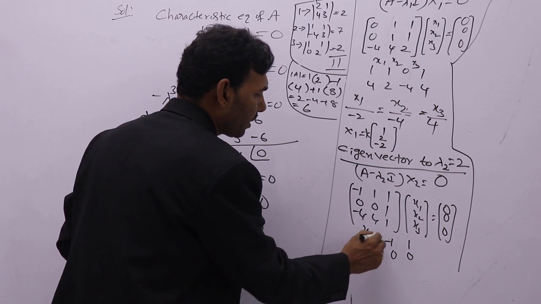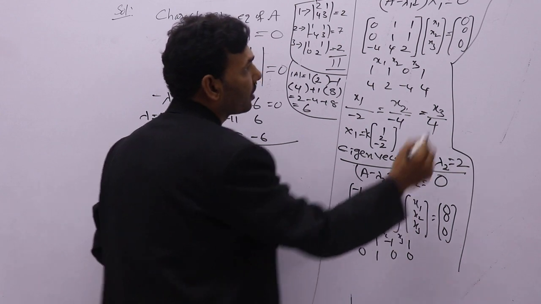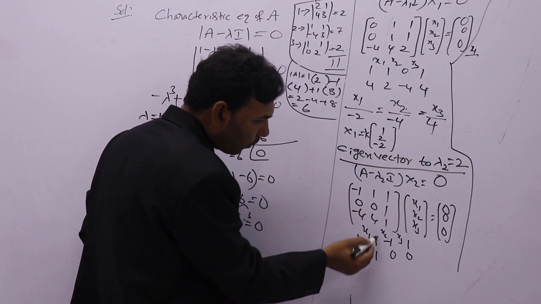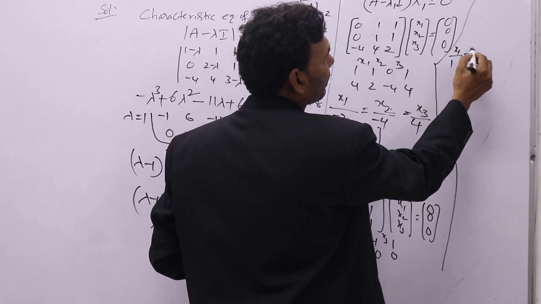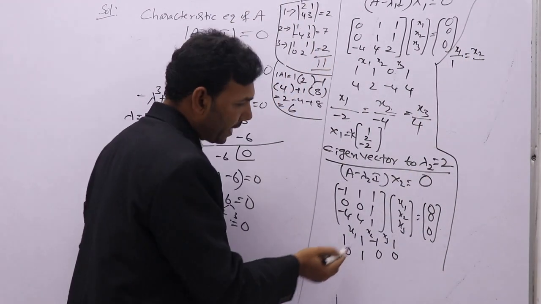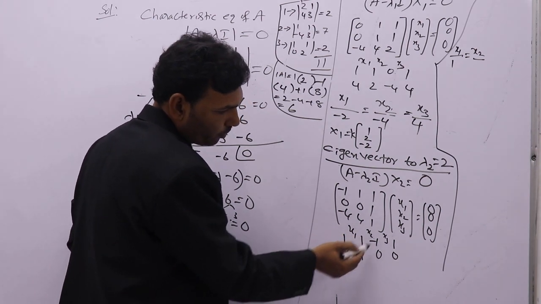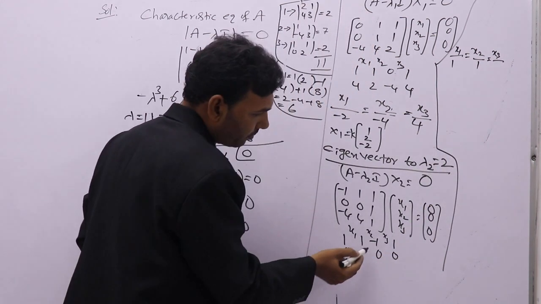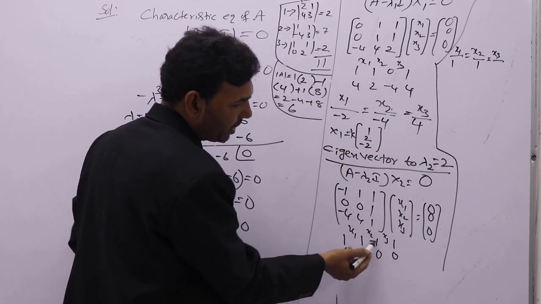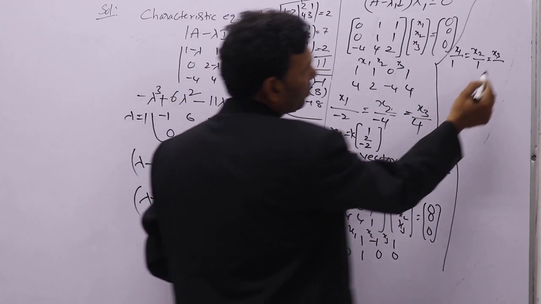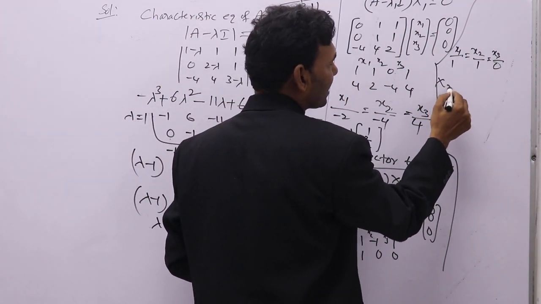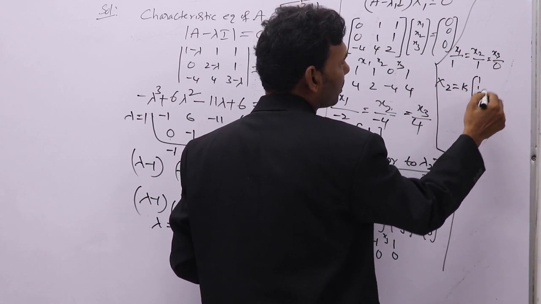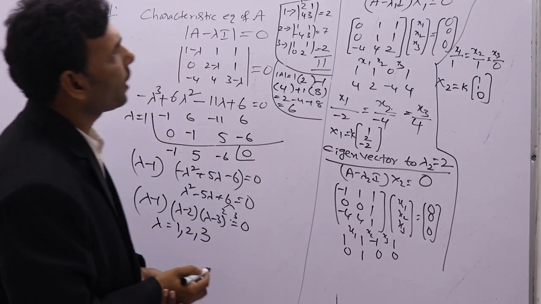So x1, x2, x3. x1 by 1 minus 0 is 1, equal to x2 by 0 plus 1. x3 by 0, 0 minus 1 into 0 is 0, 1 into 0 is 0. So the second eigenvector you will get is k times 1, 1, 0. These are two eigenvectors.